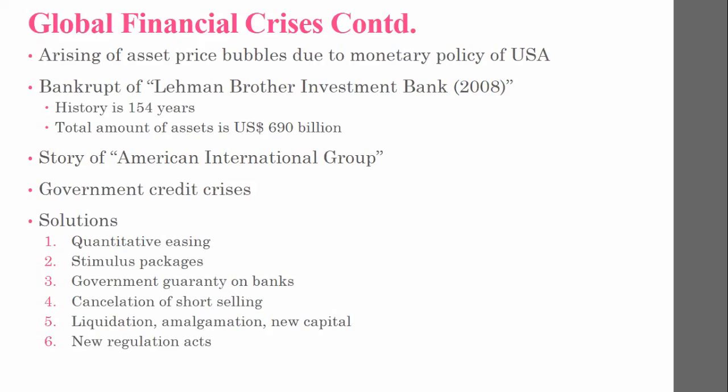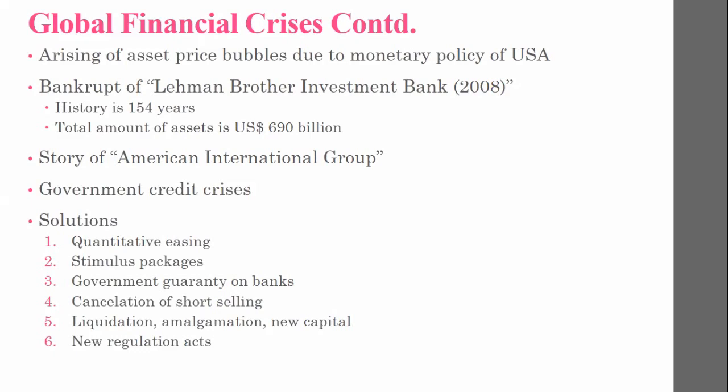They let Lehman Brothers Investment Bank collapse and announce bankruptcy. But some of the other systemically important banks they protected, and they introduced troubled asset relief programs. They cancelled some liquidations, arranged amalgamations and government guarantees, stimulus packages, and quantitative easing by providing funds. They helped the financial system stabilize again.